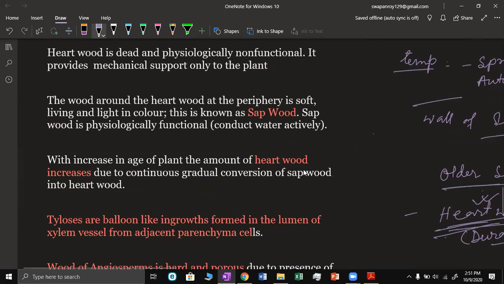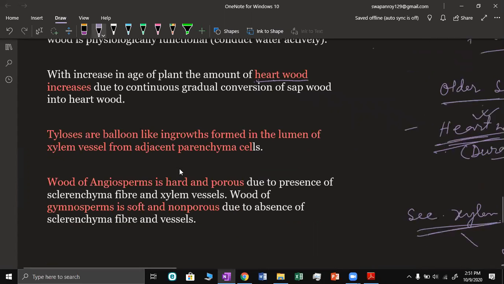Another thing related to this secondary growth, one important thing is tyloses. Tyloses are balloon-like structures which are produced within the lumen of xylem vessels.